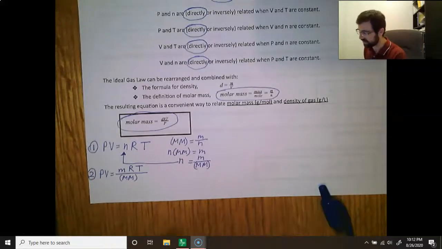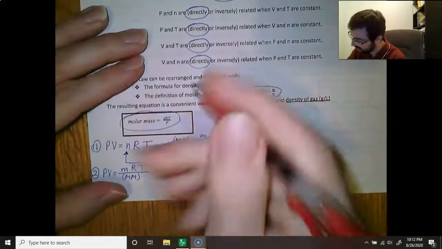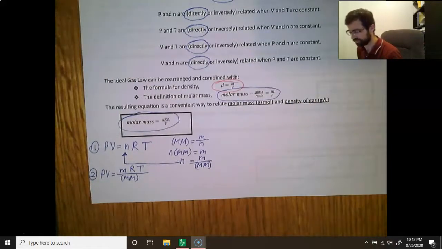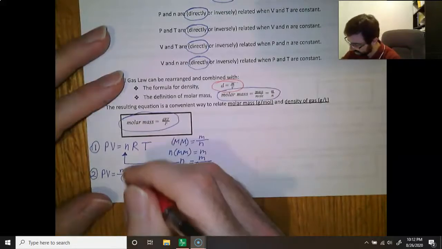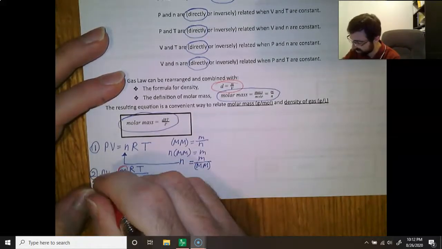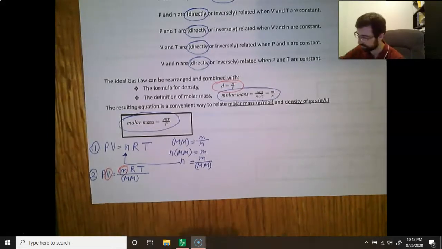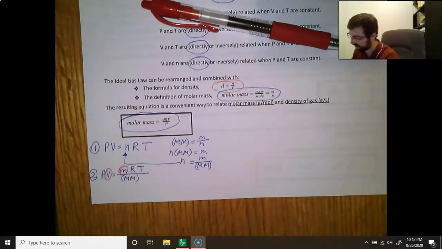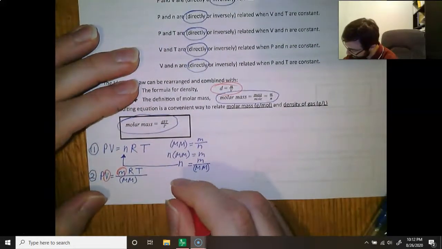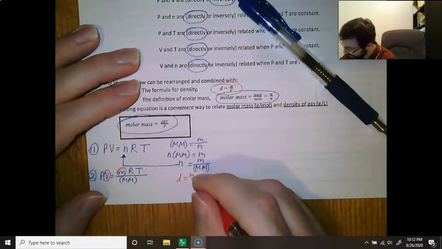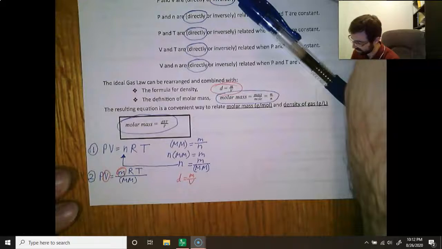I need to look at my density formula and see if there's a way that I can plug that into this. Well, density is mass divided by volume. I see mass in my formula and I see volume in my formula, but they're not on the same side, so I need to change that. I could divide by volume on the other side, couldn't I? Let's do that. Density equals mass over volume, and I'm going to use that in just a second.